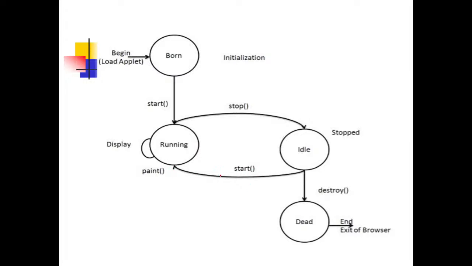In the running state it has the paint method, to display again and again. From the idle state it can go back to running, as well as to the dead state by calling the destroy method. The dead state means the end of the applet or the exit of the browser.